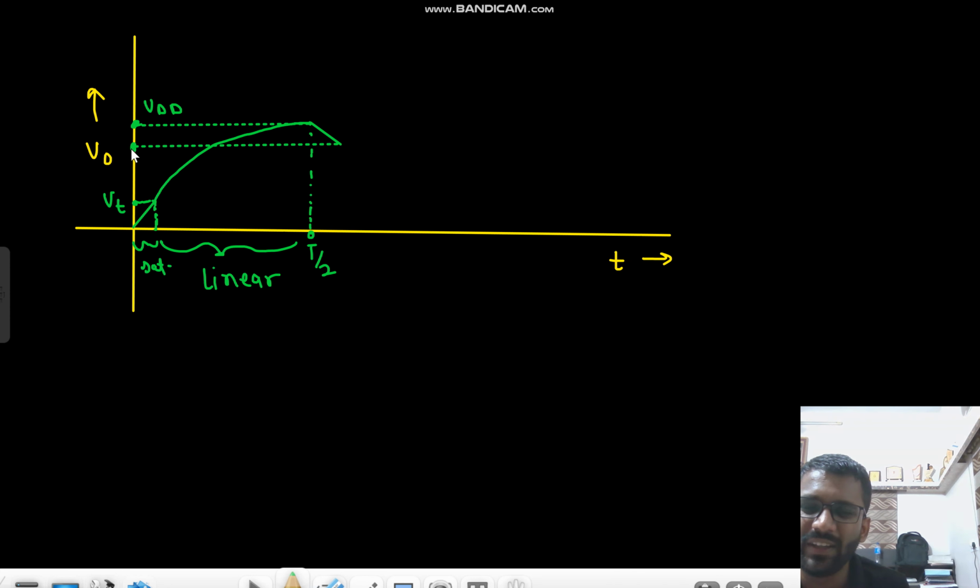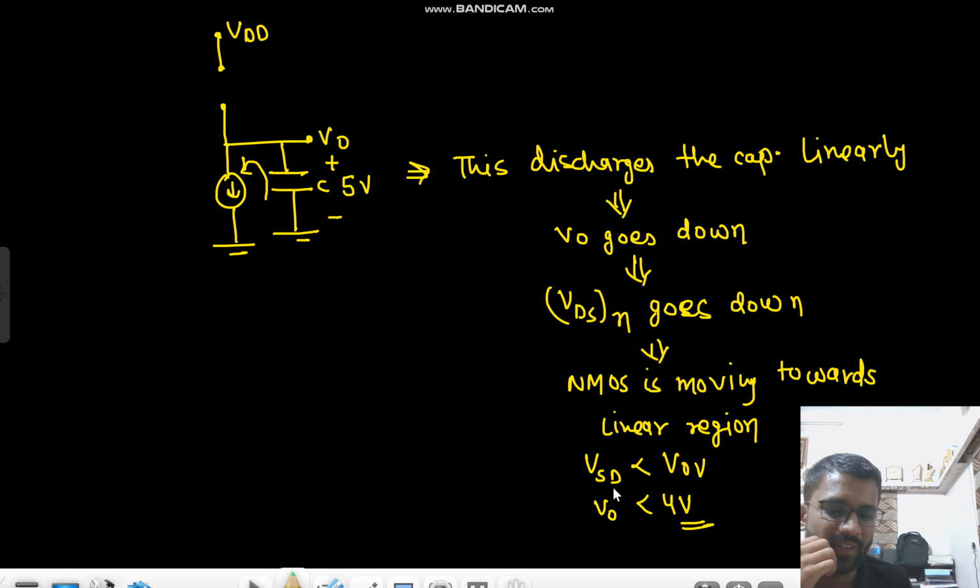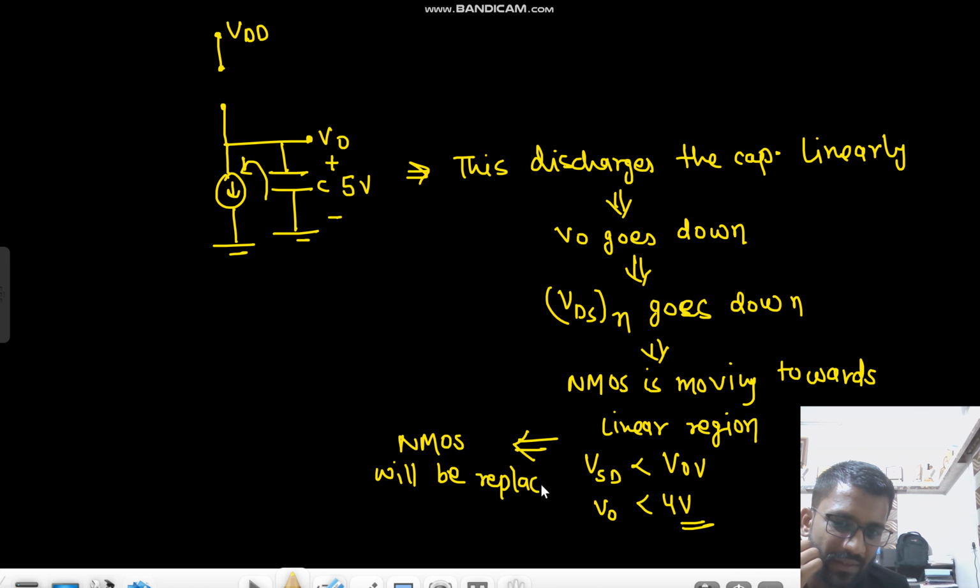From VDD, it comes down to VDD minus VT, and then if it has moved to linear region, then the NMOS will be replaced with R on, right? So there will be exponential discharging.